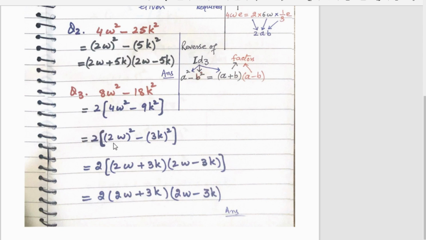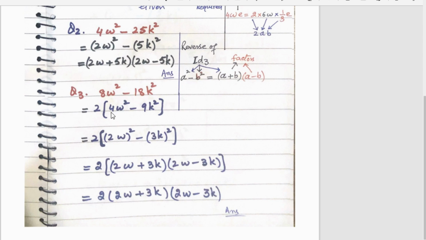Big bracket starts. You will solve the whole question inside this boundary, inside this big bracket, right? 4w square can be written as 2w whole square, as I have explained before in question number 2. Minus 9k square can be written as 3k square. Now just to check whether we are right or wrong, we will apply this square on both the numbers in our mind. 2 square means 4 and w square means w square.